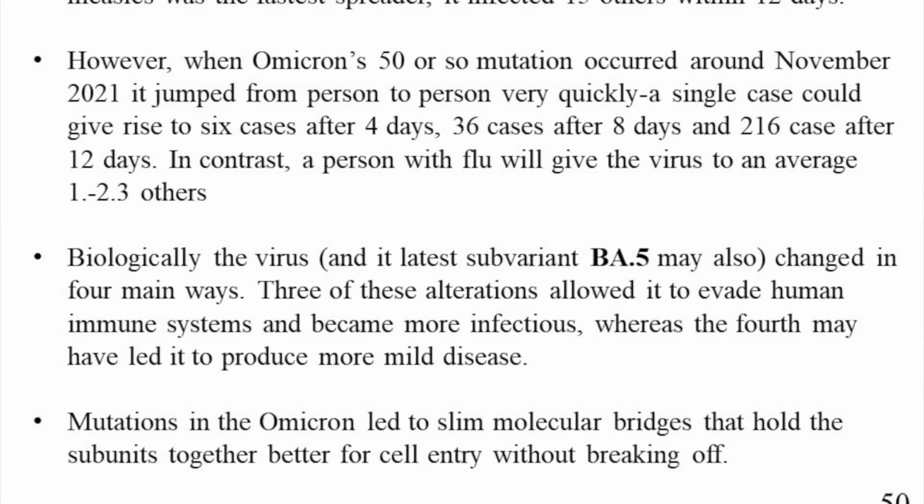In contrast, a person with flu will give the virus to an average of only 1 to 2.3 individuals. So we're talking about dozens or hundreds of potential individuals affected by an infected person.